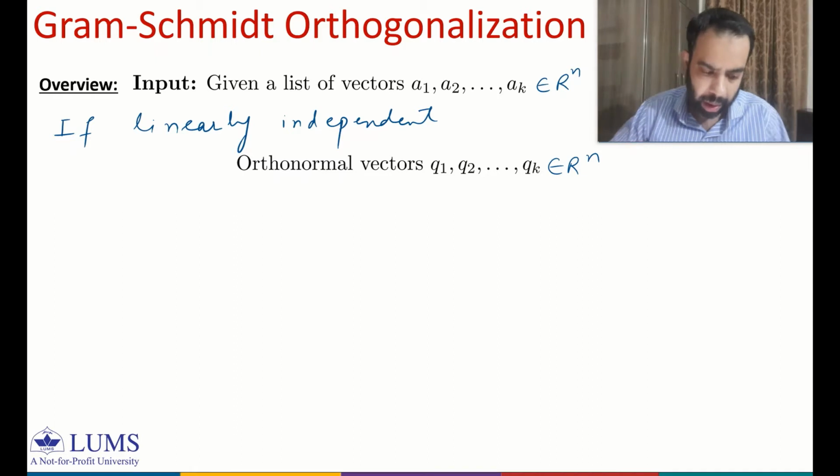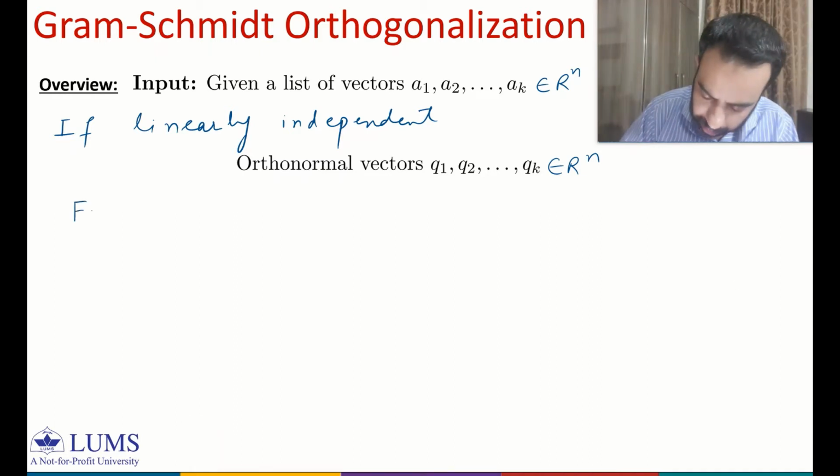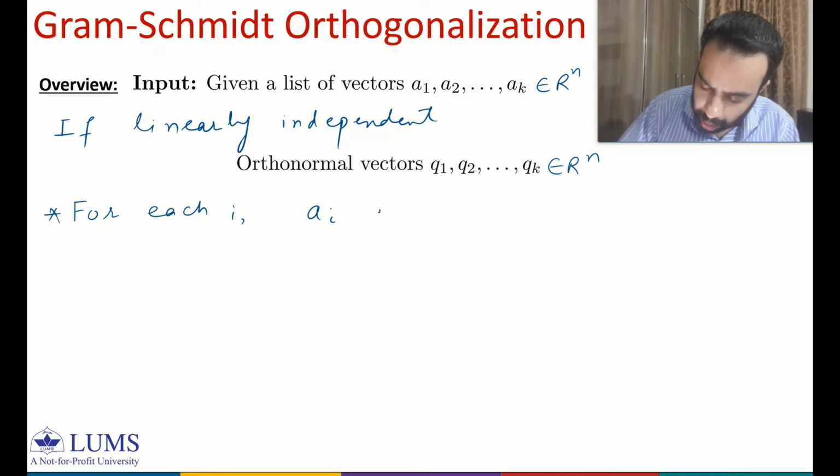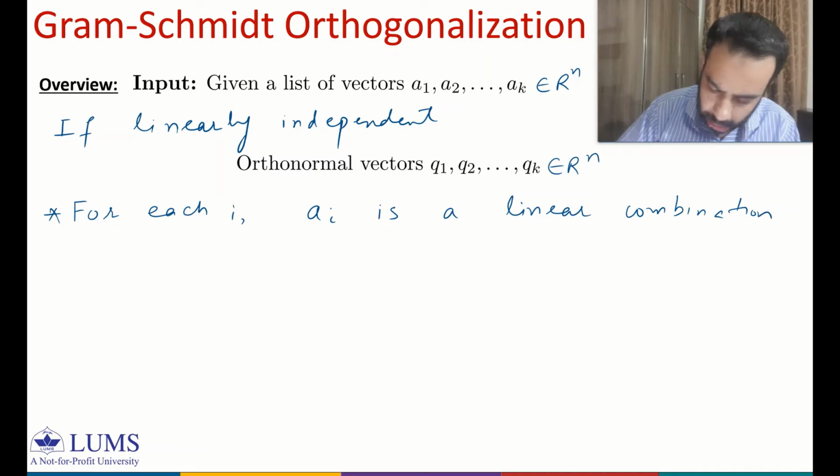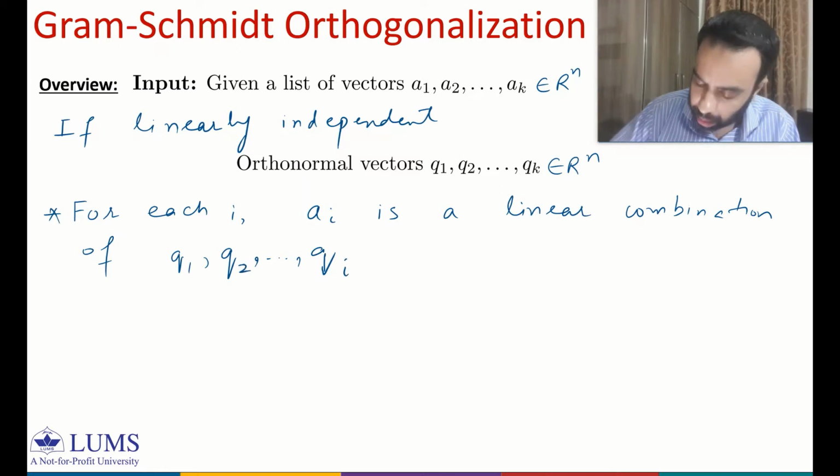The property is that each ai is a linear combination of the first i orthonormal vectors q1, q2, up to qi.